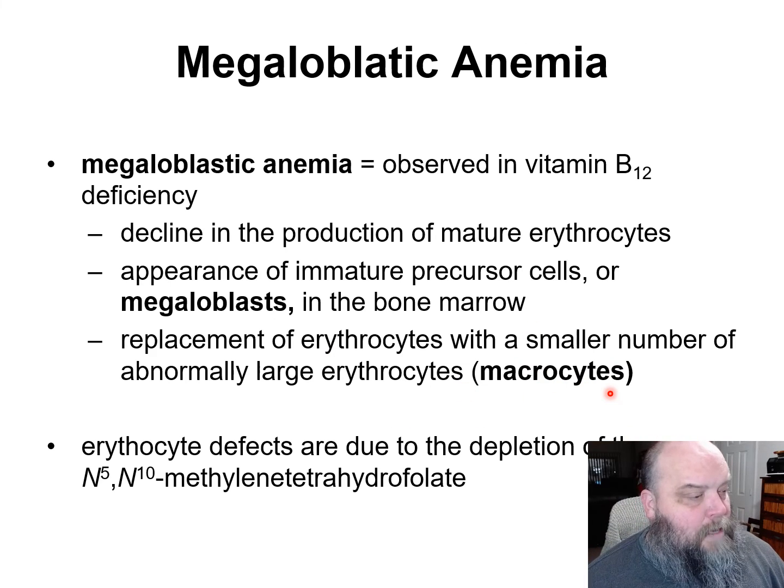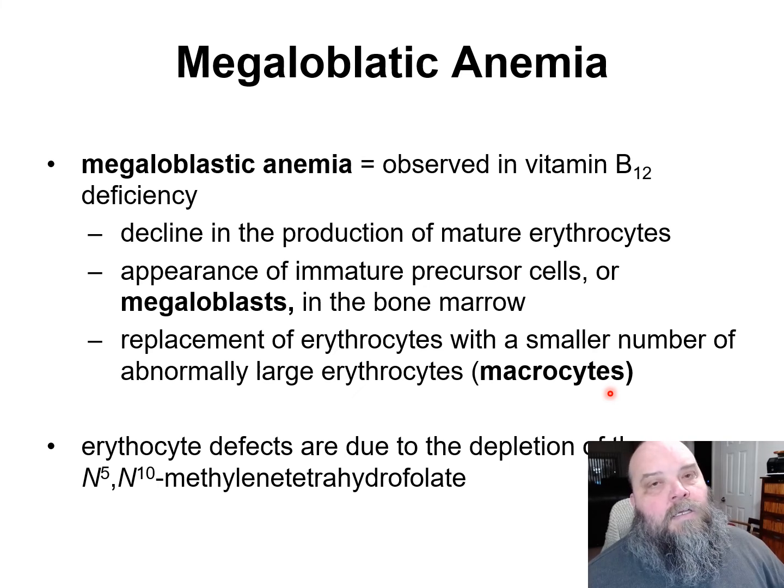Turns out these macrocytes have issues when it comes to carrying oxygen, maintaining oxygenation levels. So it's almost as if you just have a decreased population number overall, even though you've got these bigger ones. Turns out having a bigger cell doesn't compensate for not having the normal cell number.